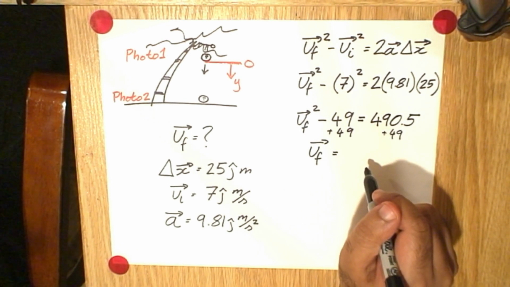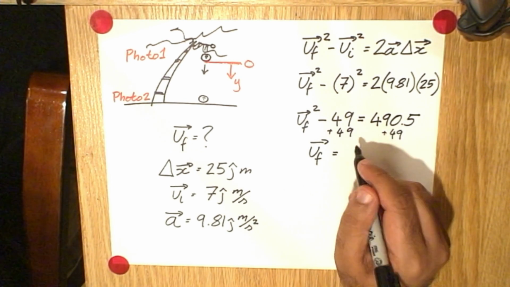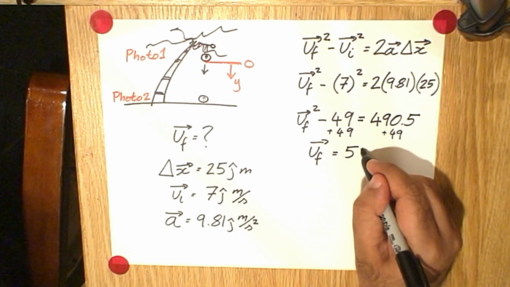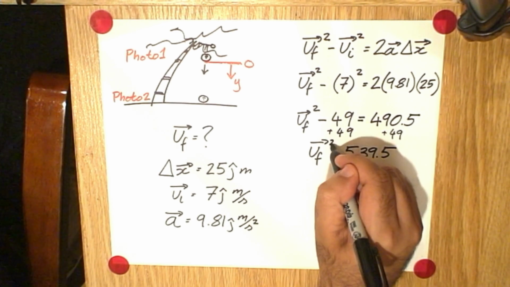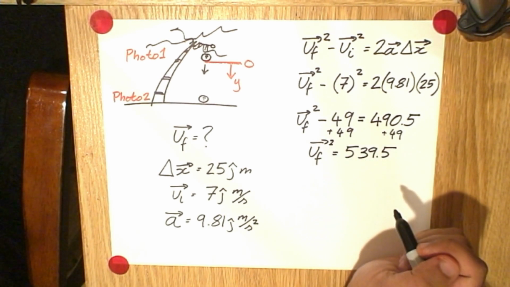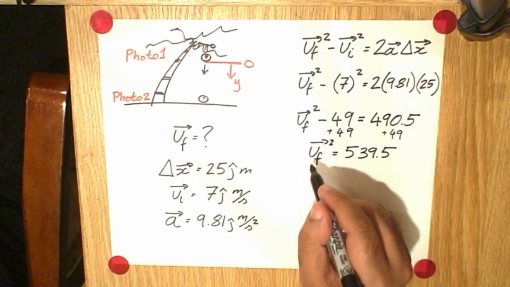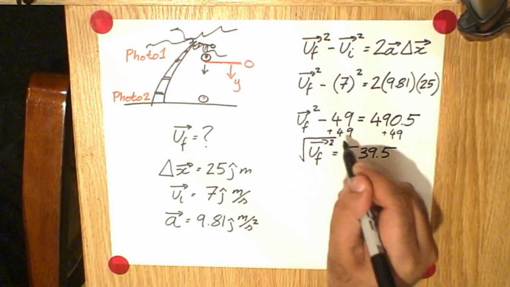And that is going to give us 539.5. So that's V final squared. So the last step is to take the square root of both sides.